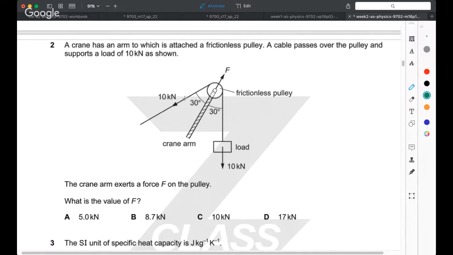Okay. So the best thing to think is a scheme of weight. You first have a triangle, right? And in this part of the triangle you have a weight of 10 kilonewtons and another force in the base of the triangle, which we don't know.